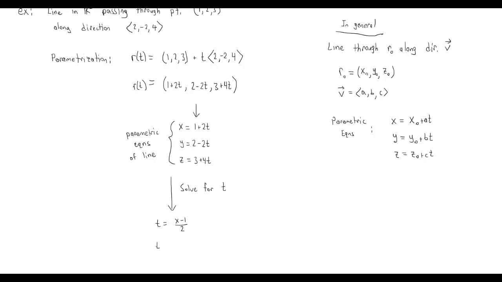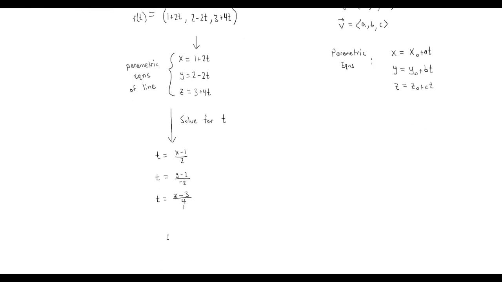The second equation, t would be y minus 2 over negative 2. In the third equation, we would get t equals z minus 3 over 4.